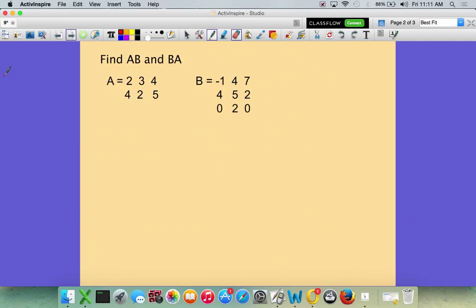Moving on to a little bit more complicated ones. Now we need to figure out if we can multiply A times B, and then we're going to see if we can multiply B times A. A times B, first dimensions: 2 rows by 3 columns. Matrix B, 3 rows by 3 columns.